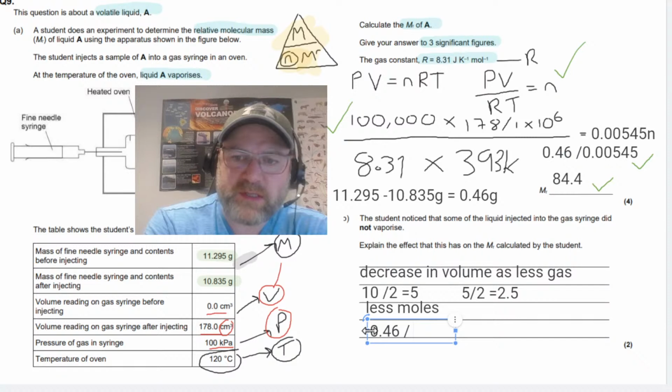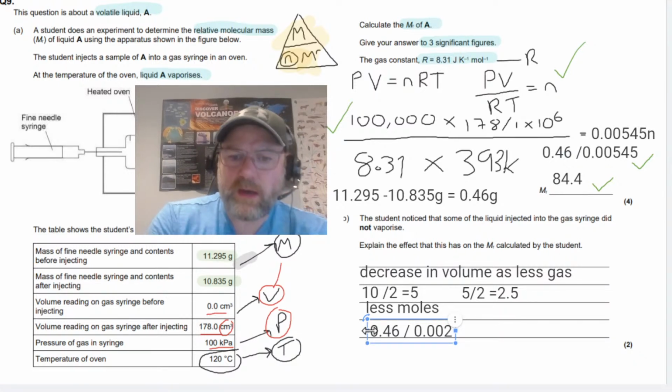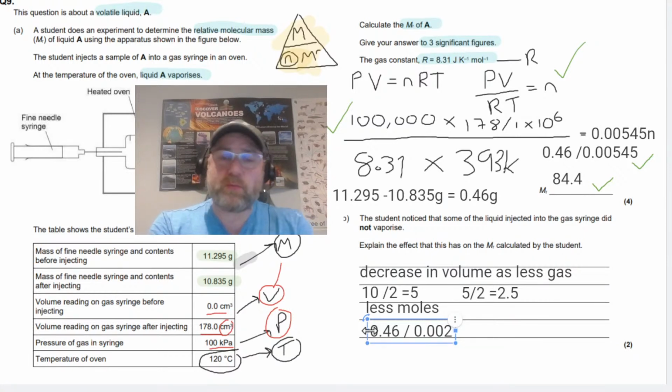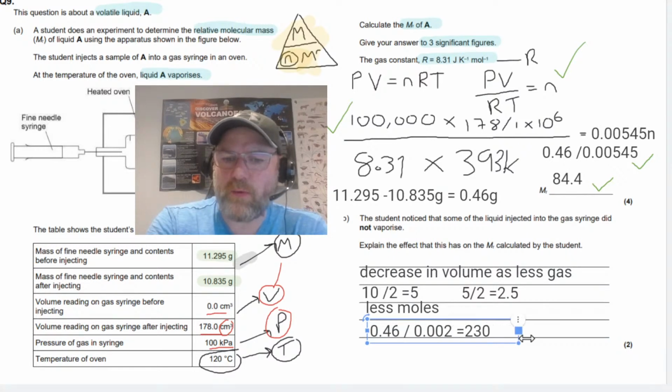So it was 0.005. Let's put in 0.002. Okay, so we've decreased it from 0.00545 to 0.002. Let's see what happens. You should be able to work out what's going to happen. We're going to get 230. So what does that mean? That means the MR will go up.